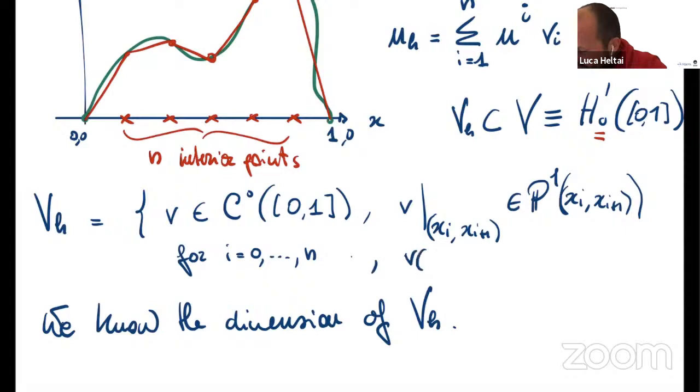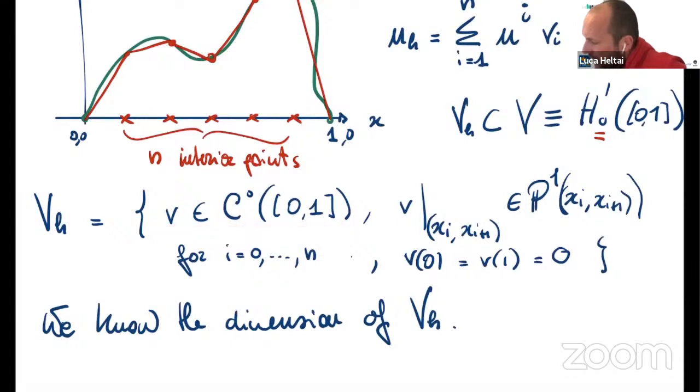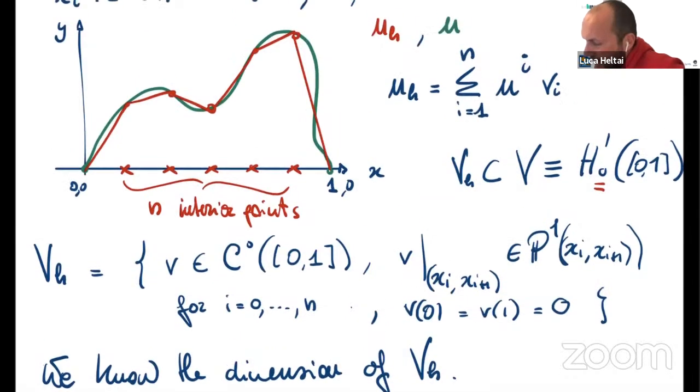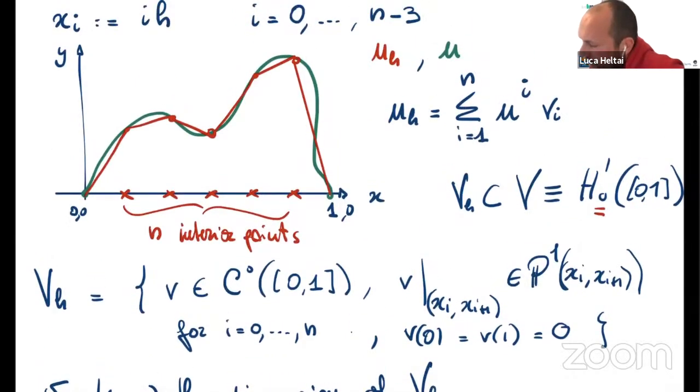And such that v of 0 is equal to v of 1 is equal to 0. So what I'm saying here is that this is a continuous function. It's a piecewise linear function on each interval. And so it looks exactly like the one that we plotted here in red. So this is one representative function of that space capital Vh.